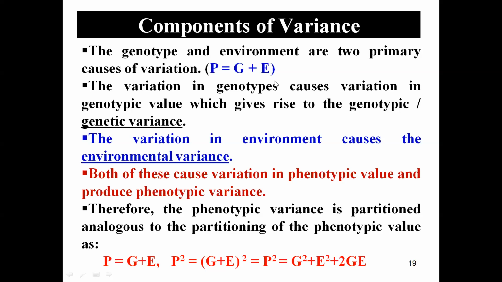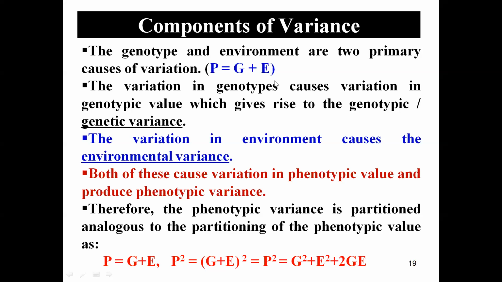phenotypic variance is partitioned analogous to the partitioning of phenotypic value. We know that P is equal to G plus E. Suppose we square both sides, then we will get, by analogy, P square is equal to G plus E whole square.